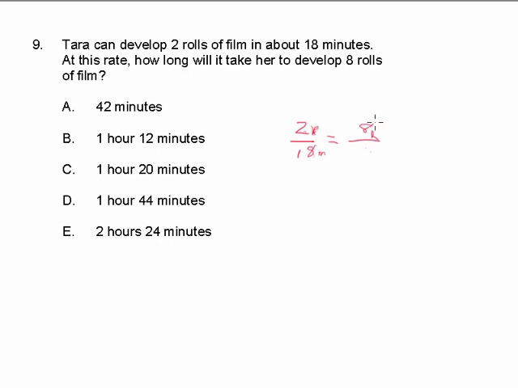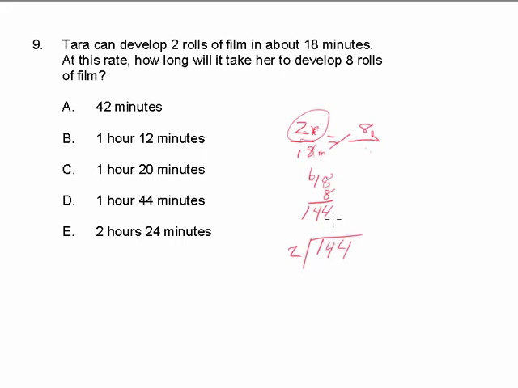Well, if you set it up this way, then do a simple cross multiplication, 18 times 8, and then we're going to divide that 144 by 2. The reason we do that is because we cross multiply here, and then we always divide with the one that's left over.